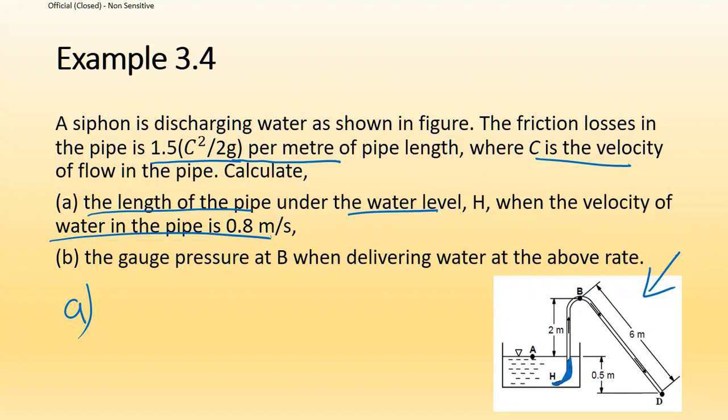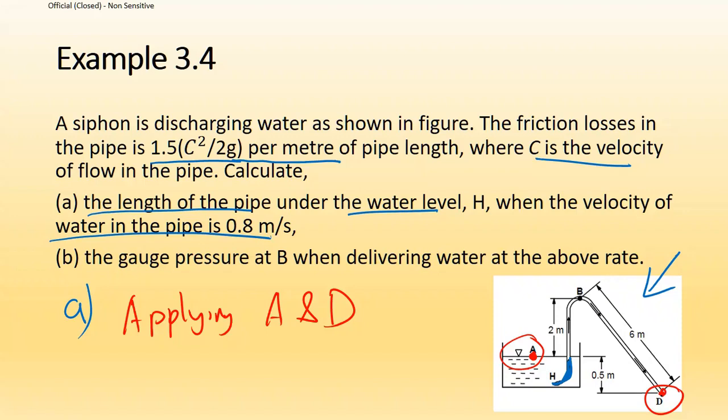Typically, for this question, I will choose points A and D. So for part A, I will most likely be applying Bernoulli between A and D. Why? Because there's a very important thing about A and D: they are exposed to the atmosphere.